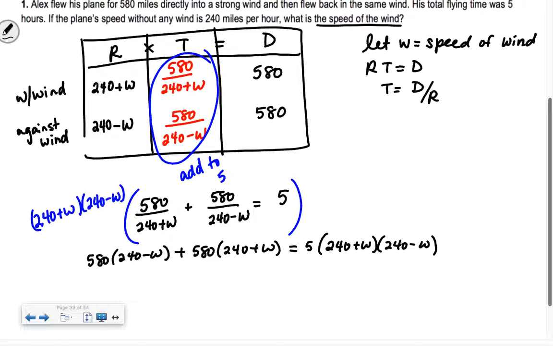So you definitely want a calculator out. I'll give you a second to try this. So you're going to FOIL here, and then multiply that 5 in, and you're going to distribute on the other side and simplify. So go ahead and try it.